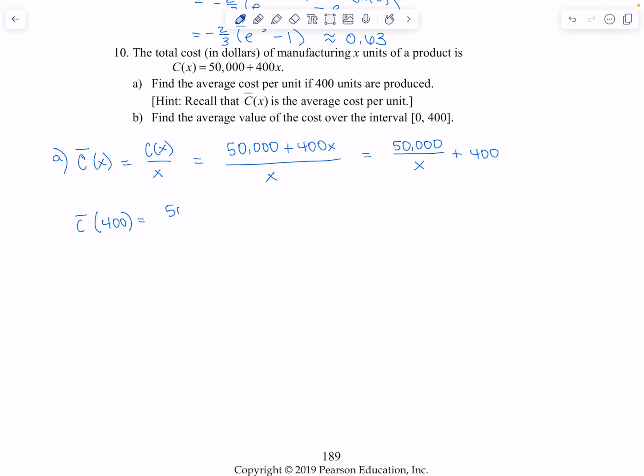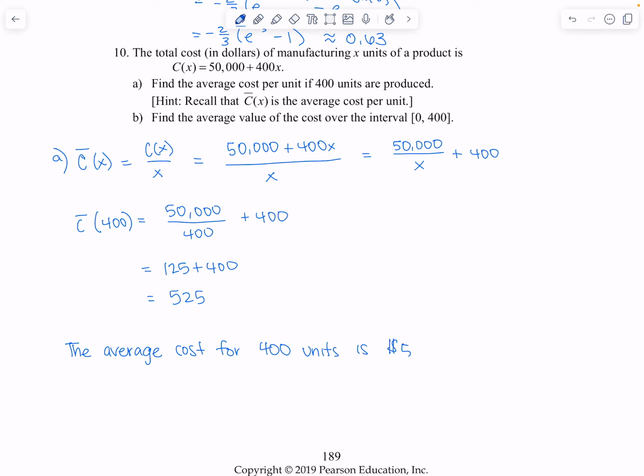So we'll have 50,000 over 400 plus 400, which will give us 125 plus 400, which is 525. So the average cost for 400 units is $525 per unit.